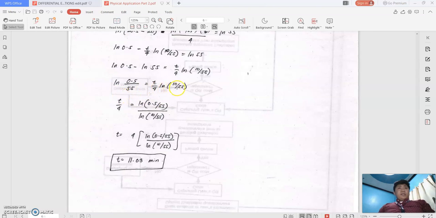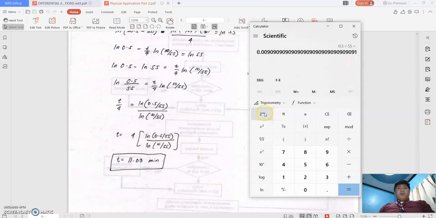So after this, since this is a multiplier, I will not power it, because if I power it, I will not get t. Okay, so since it is no longer in a power, I will just divide this one to the other side. So that I could have t over 4. So dividing this one, okay, and 4 is multiplied, so basically I have 11.03.